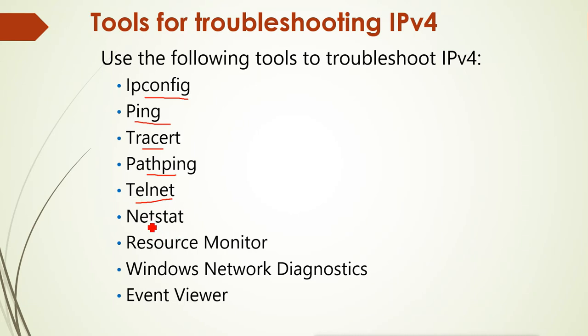Then we can use the netstat command to see what services our system is listening on, what protocols it is listening on. We can use the Resource Monitor also, and the Network Diagnostic tool. And we should also check the Event Viewer to see the problem.